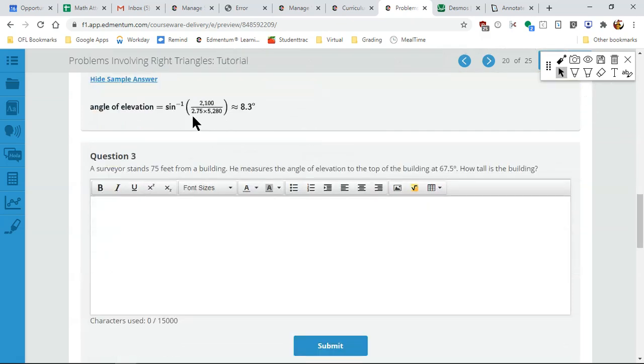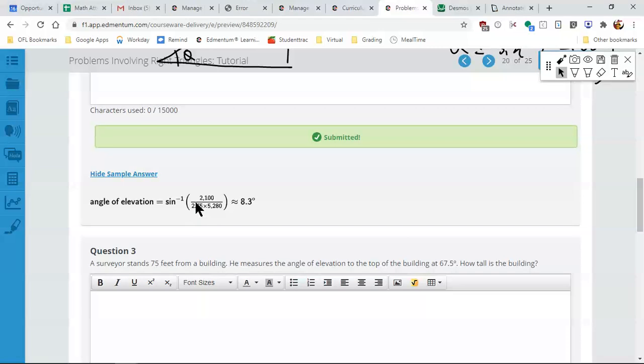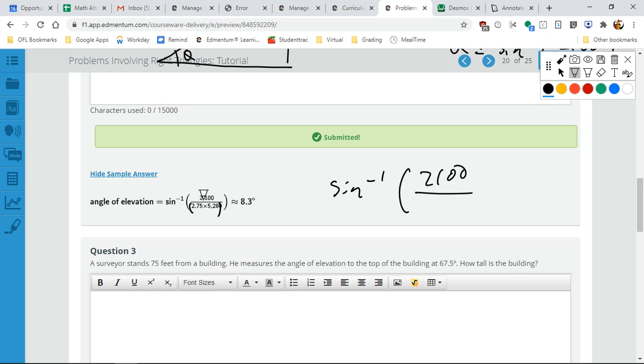Edmentum said you don't have to multiply it right away, just multiply it at the bottom. If you do this though, make sure you have double parentheses when you're entering it into Desmos. Desmos will show you that's underneath, but if you're typing it in a regular calculator, it looks like this.